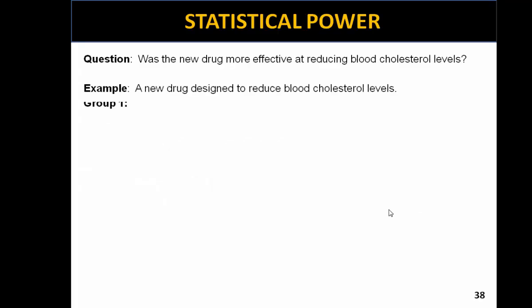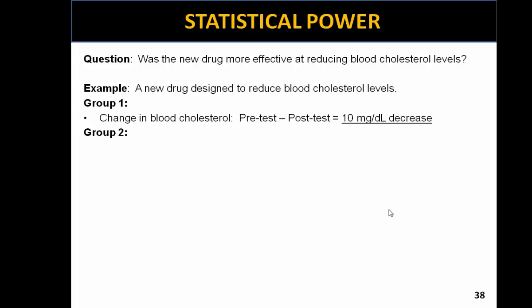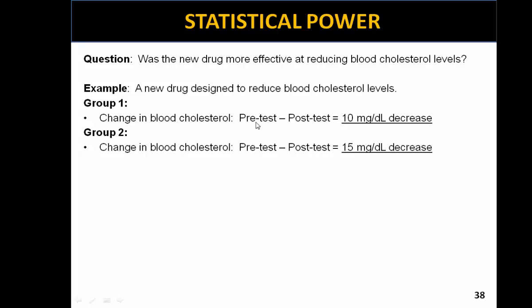When we take a look at the two different groups, one approach is to measure the difference from pre-drug administration to post-drug administration in both group 1 and group 2, and we find a 10 unit decrease for group 1 and a 15 unit decrease for group 2.